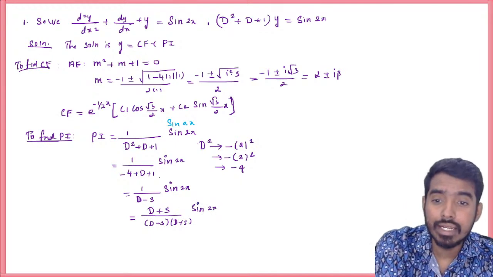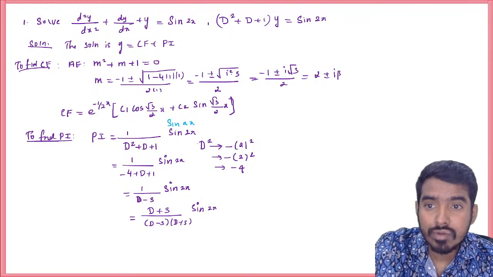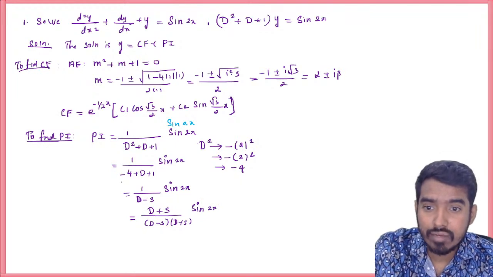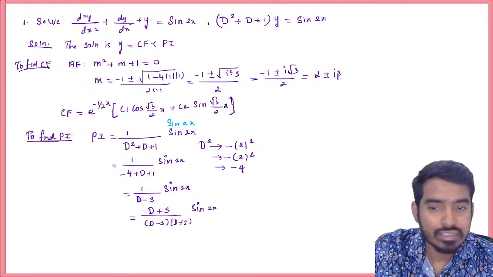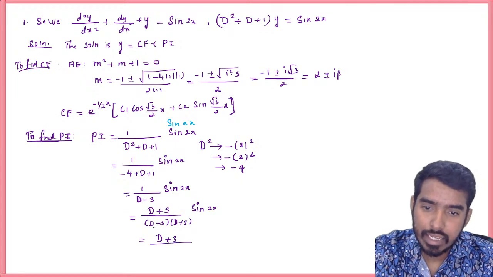I have replaced D square by minus of a square. If it is second order and we have D minus 3 here, or whatever term in this pattern, multiply with its conjugate. This will be D plus 3 divided by a plus b times a minus b, which is a square minus b square, of sin 2x.